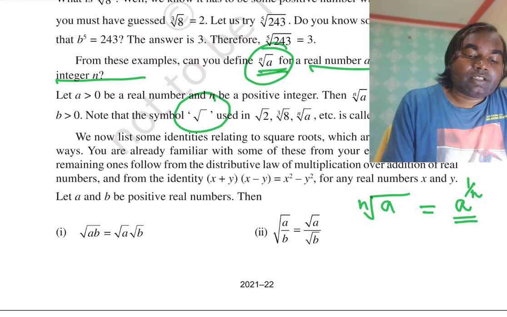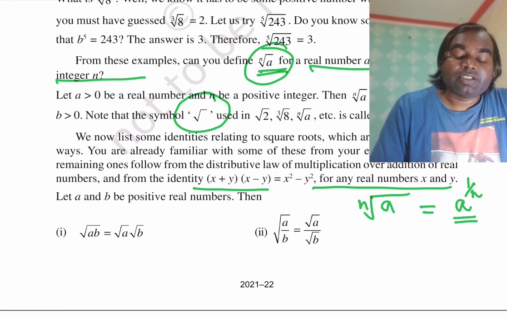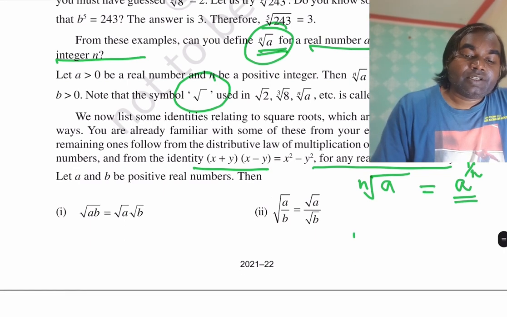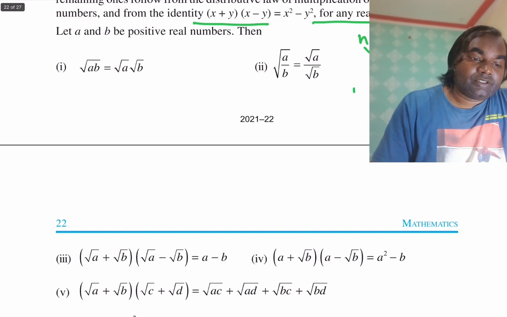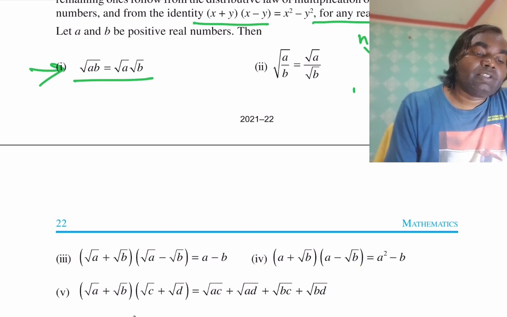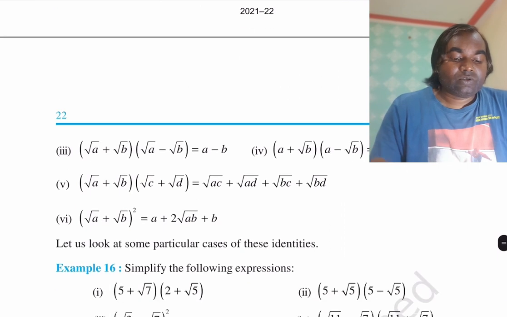Now for any real numbers x and y, we can write (x + y)(x - y) equal to x square minus y square, and by this we can simplify the real numbers. There are certain rules: square root of ab is equal to square root a into square root b, and square root of a by b is equal to square root a divided by square root b, and so on.